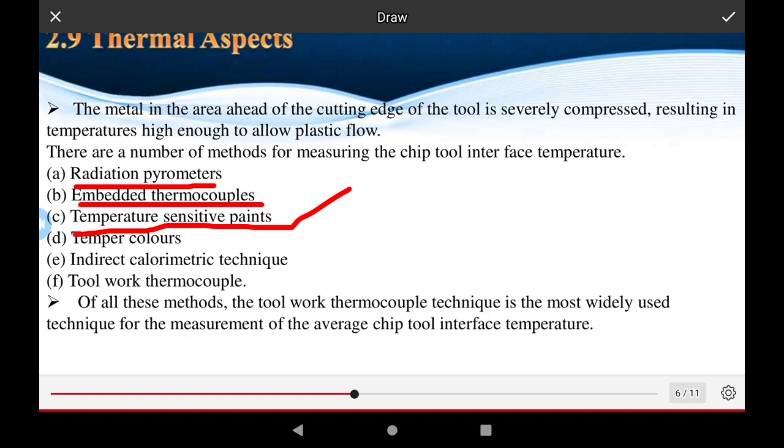Of all the methods, thermocouple techniques are usually used in the measurement of the temperature of the tool material and workpiece.